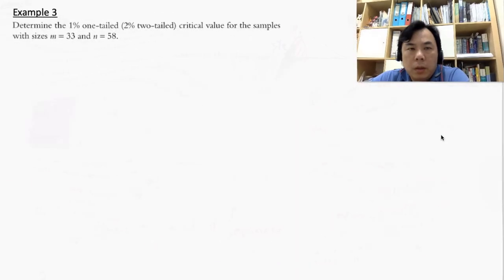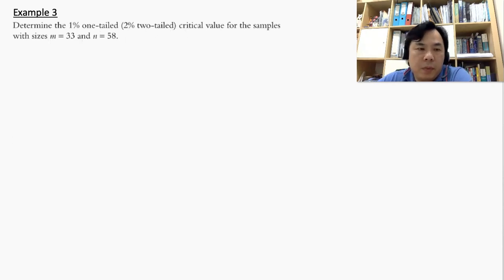We're going to look at our last example on how to use the Wilcoxon rank sum test. The question states: determine the critical value for a 1% one-tail test or a 2% two-tail test, for samples with sizes m equal to 33 and n equal to 58.